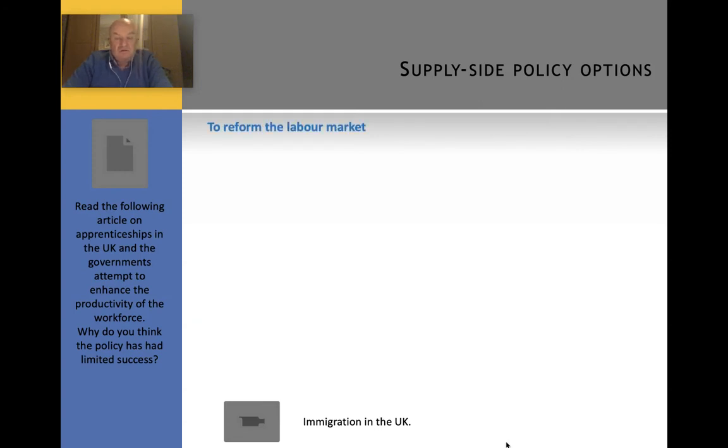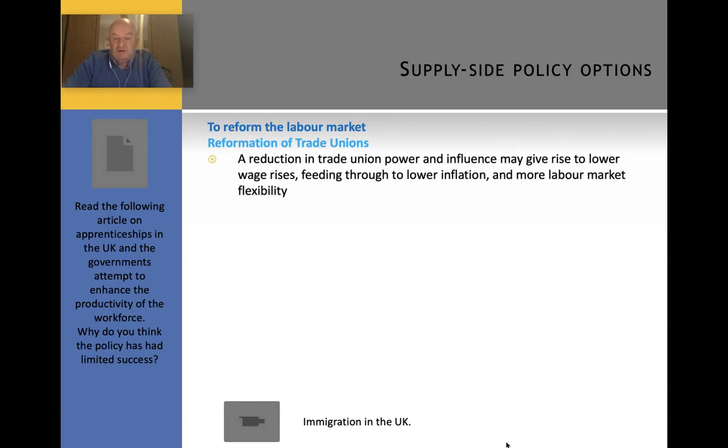So let's take a look at other areas as well that can be used. We could look at reforming the labour market, and in some cases that's done to try to encourage more people to come into work. One of the things has been the reformation of trade unions, and that's involved reducing trade union power, which could potentially give rise to lower wage rises, and that could feed through into lower inflation and more labour market flexibility.